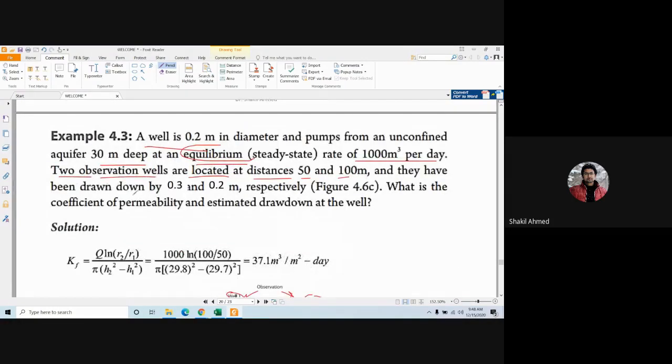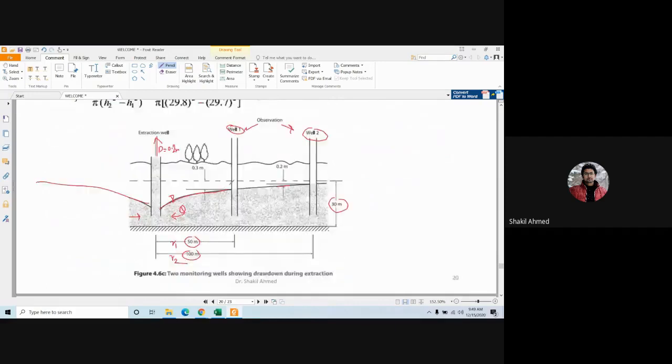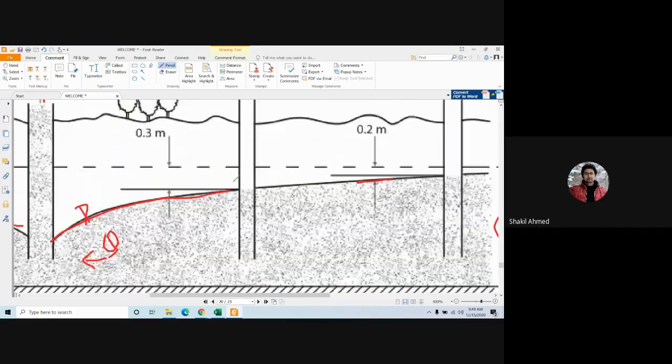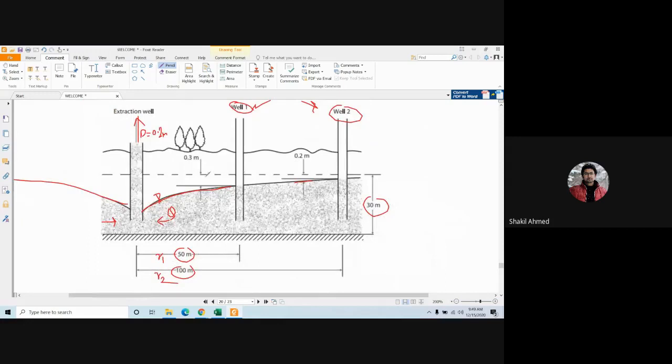They have been drawn down by 0.3 and 0.2 meter respectively. That means basically, at the initial level, where was the water level? This horizontal line, which was initially 30 meter. Anyway, this is the 0.3 meter drawdown.